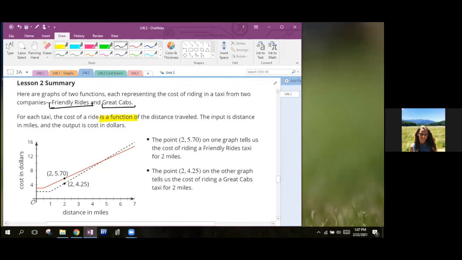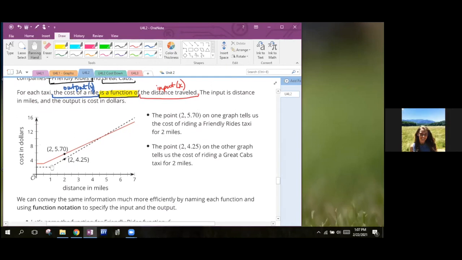So there's that little phrase, is a function of. So that tells me that the cost of the ride is my what? Output. The output. And that tells me that the distance traveled is my input. All right, the input is distance and the output is cost in dollars.